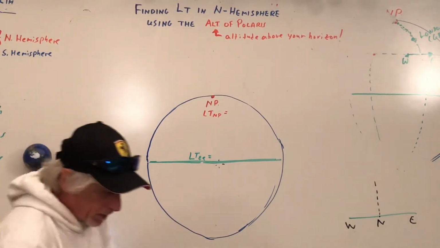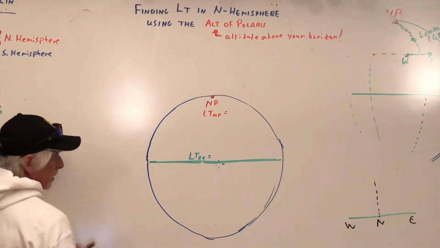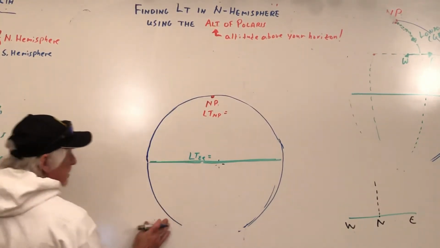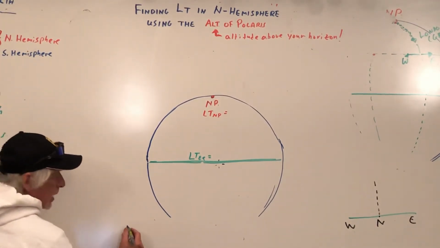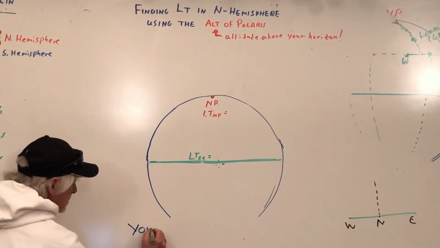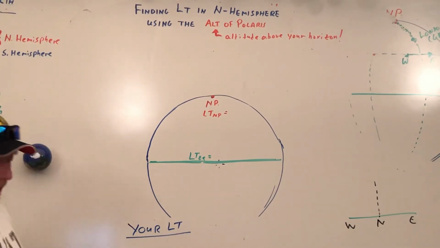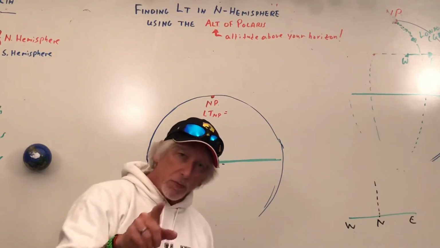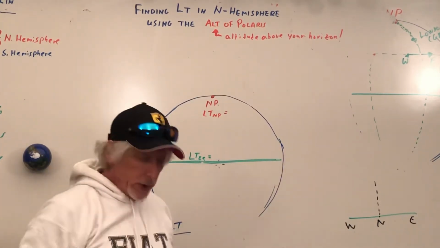Let's take a look. I'm going to make a list here, and you'll find it in your book. We have to be in the northern hemisphere anyway. I'm going to say what your latitude is, and then I want to look at the altitude at which you see Polaris. That is, what's the angle up from your eye level that you see Polaris?